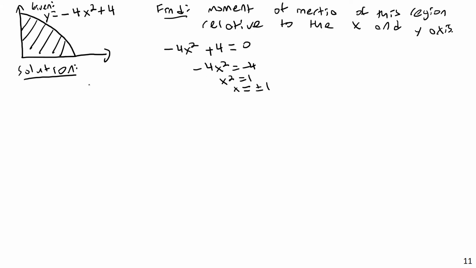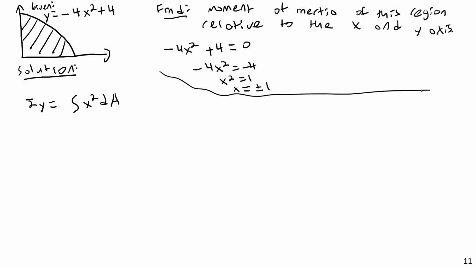So working through this then, first I want to do Iy. Iy is going to be equal to the integral of x squared dA. I can use a vertical differential element by default, even without any modification.